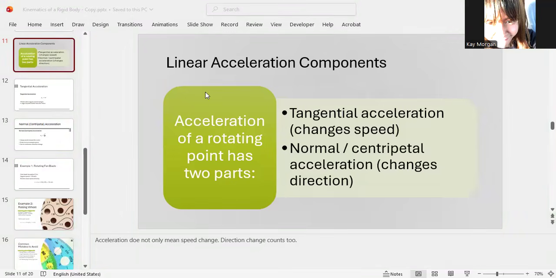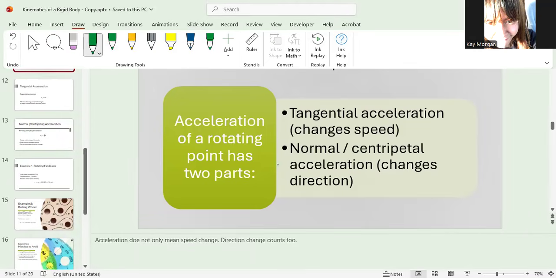Now we're going to slowly move into linear acceleration. We're in rotation, but we've come to understand there are two things going on: one is angular and the other one is linear. So when you think about a point on a rotating body, let's draw this again.